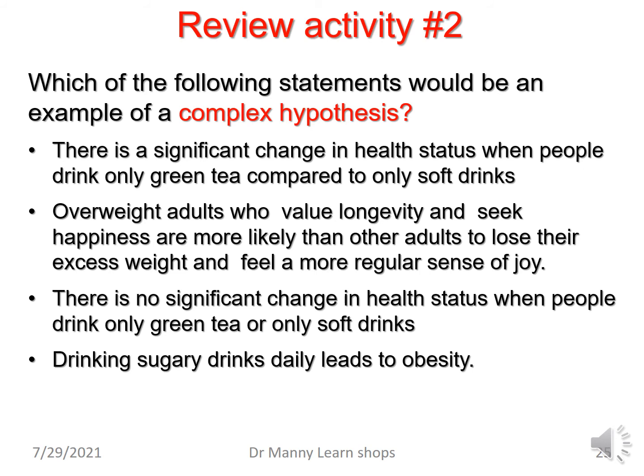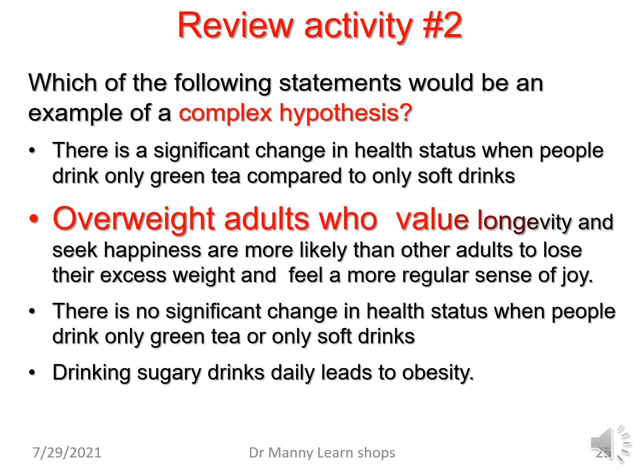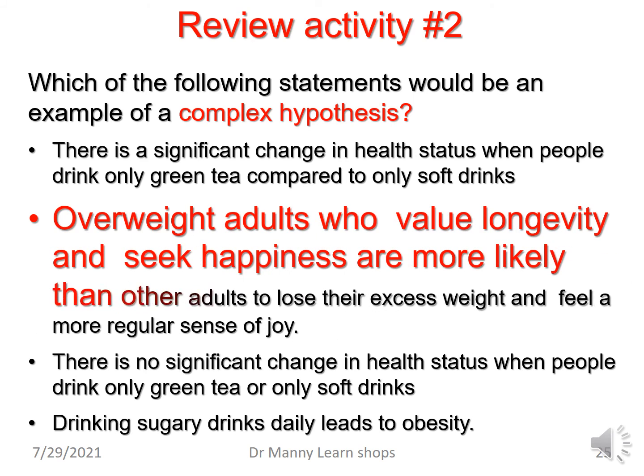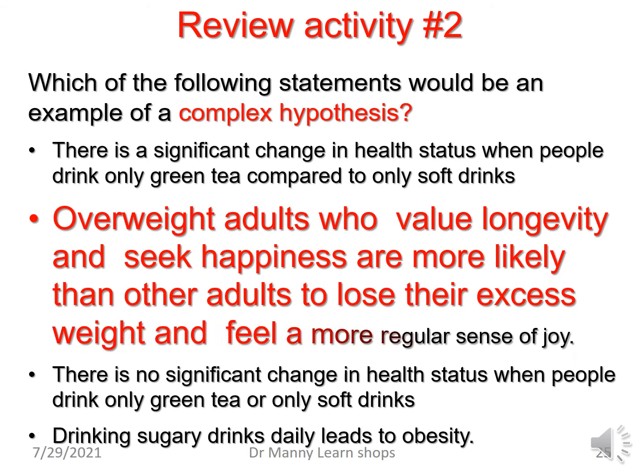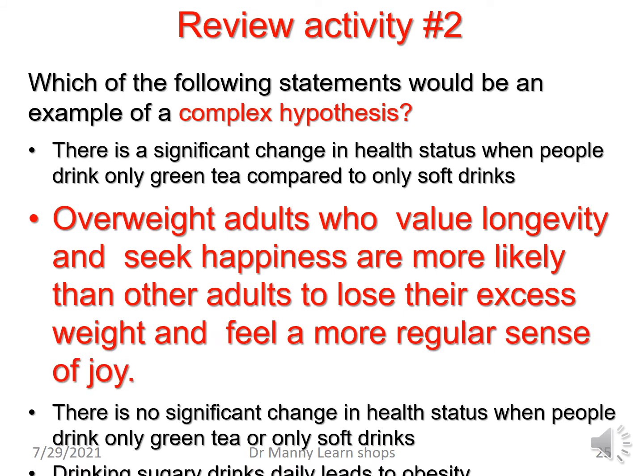There's no significant change in health status when people drink only green tea or only soft drinks. Drinking sugary drinks daily leads to obesity. Which one is the complex hypothesis? Number 2. Overweight adults who value longevity and seek happiness are more likely than other adults to lose their excess weight and feel a more regular sense of joy.